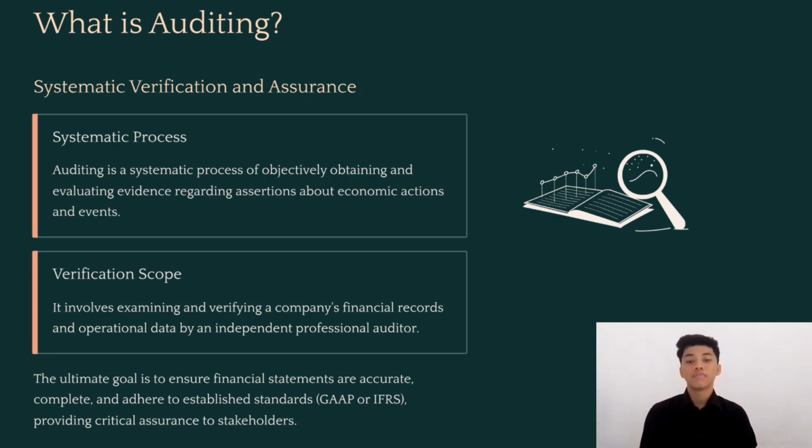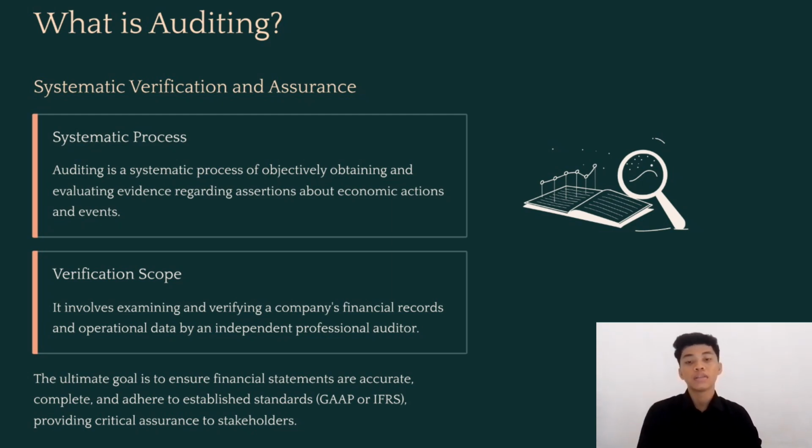Verification scope involves examining and verifying a company's financial records and operational data by an independent professional auditor. The ultimate goal is to ensure financial statements are accurate, complete, and adhere to established standards, GAAP or IFRS, and providing critical assurance to stakeholders.